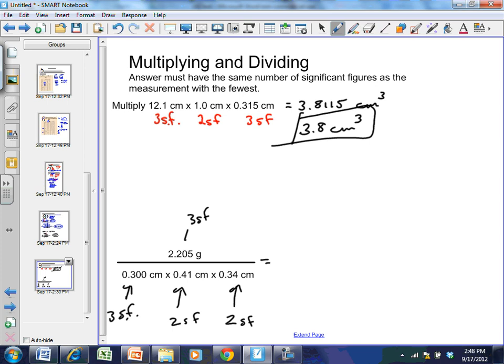When I do that, we get 52.72596.8, and again, pay attention to our units, grams per cubic centimeter. That's not a realistic density, but that's okay. I have to round this to 2 significant figures. I have to go all the way back to here. I see that I have 52.7, so I'm going to have to round that to 53 for 2 significant digits. So 53 grams per cm cubed.